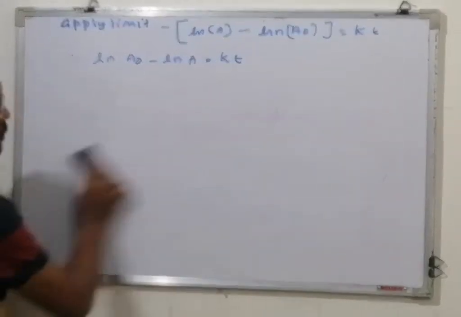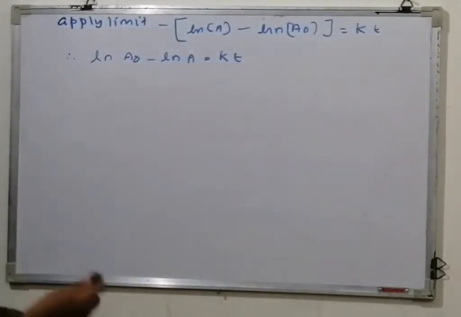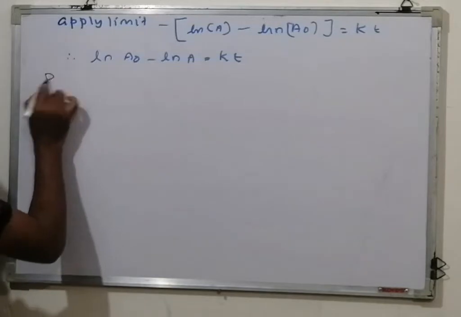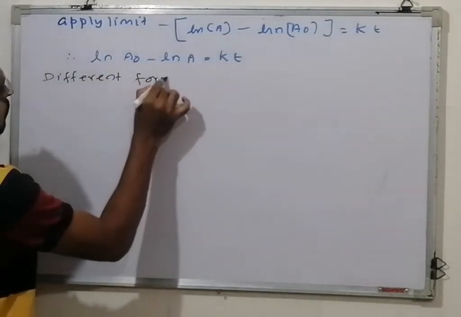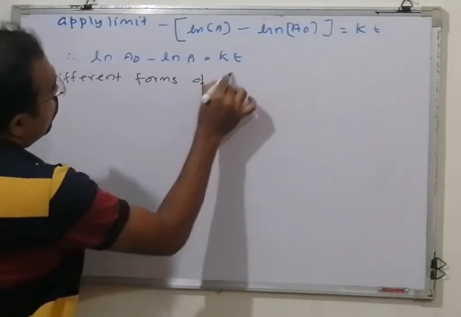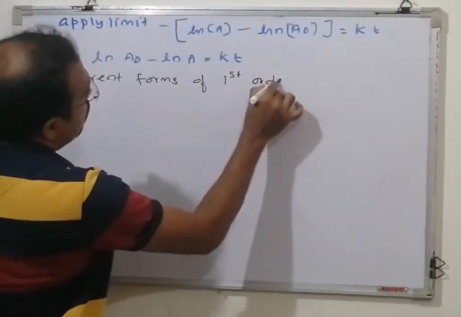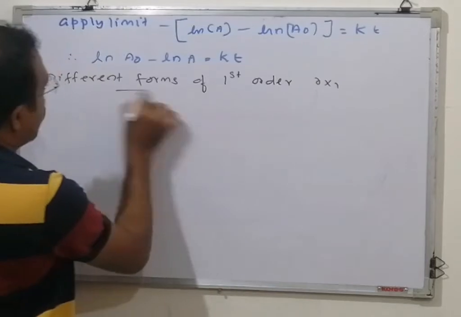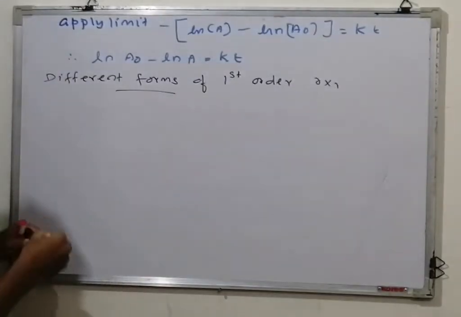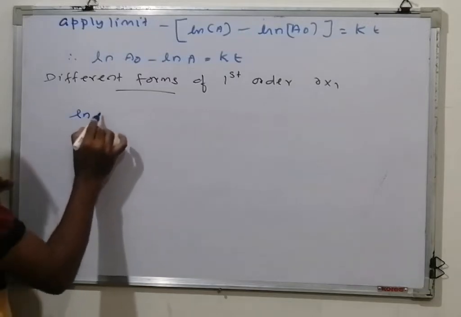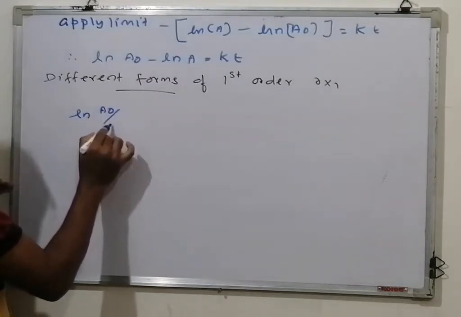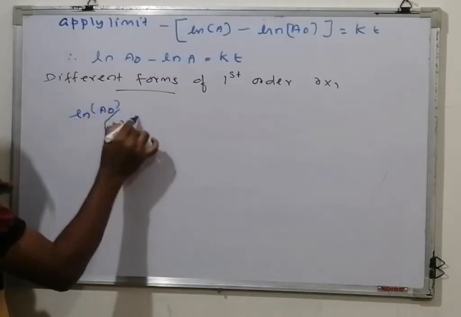Different forms of the first order reaction. Okay, first is ln of A0 by A is equal to kt.